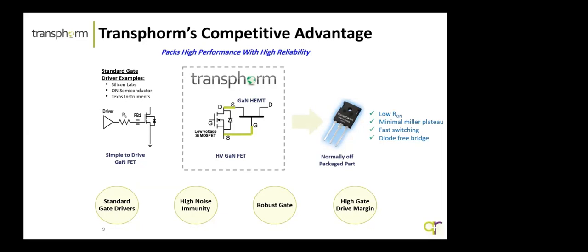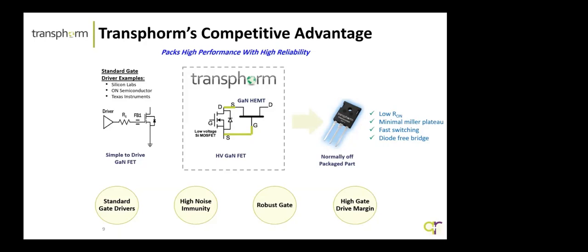So what you have here is a decades-old, reliable, and robust low voltage MOSFET driving a super fast and high performance GaN FET. With this you get the ease of drivability. All you need is a gate resistor and a ferrite bead, and away you go. You can use off-the-shelf gate drivers such as Silicon Labs, onsemi, and so on. These are typical drivers that are already used in high voltage silicon superjunction devices. And since we give our customers a 4-volt threshold, it's just like driving a silicon high voltage device.